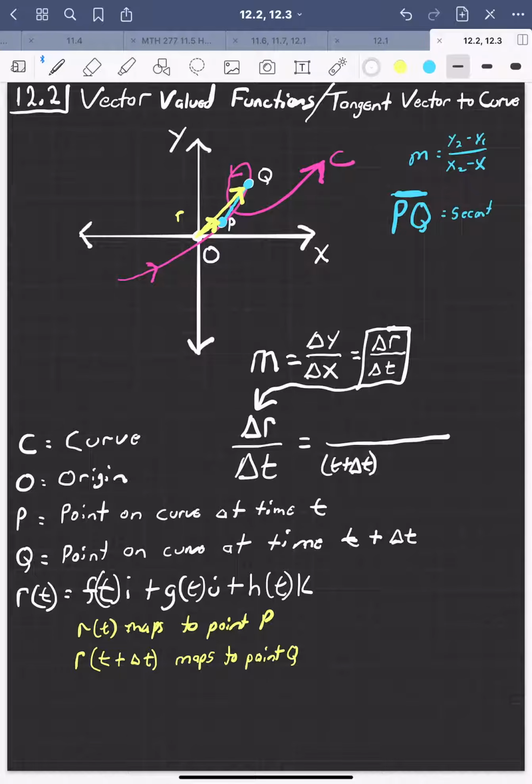Just like the change in x is x sub 2 minus x sub 1, the change in t would be the t plus delta t minus t. And what does that actually equal? Well, if you drop those parentheses, don't you see how the t's would cancel out? Right, so you're just left with delta t.